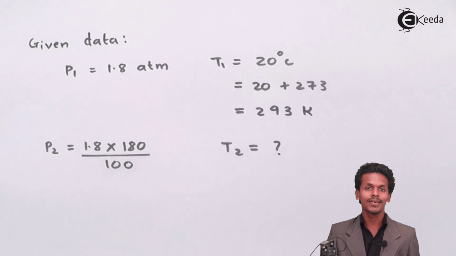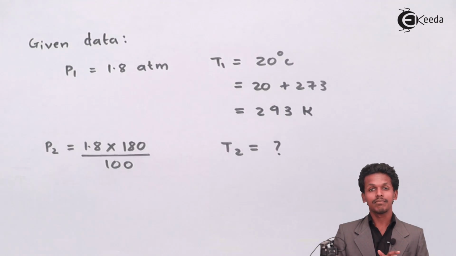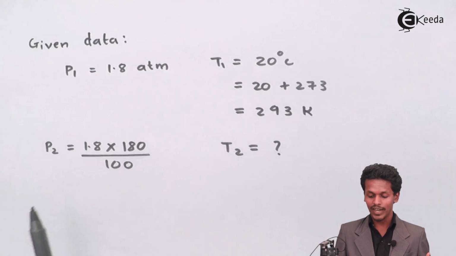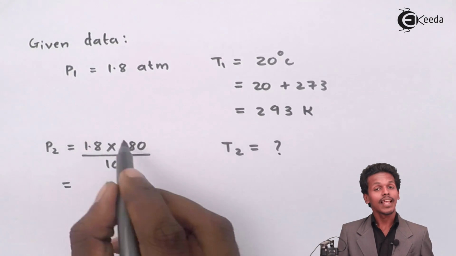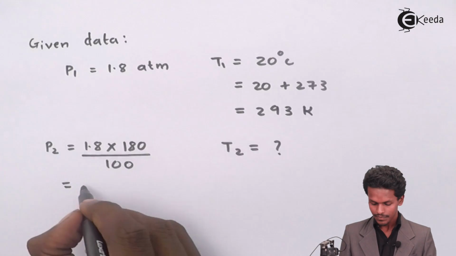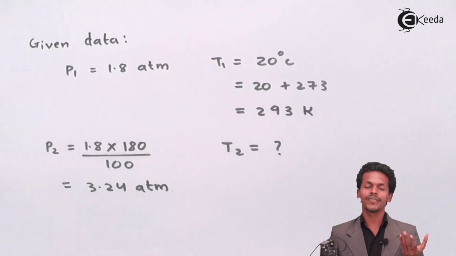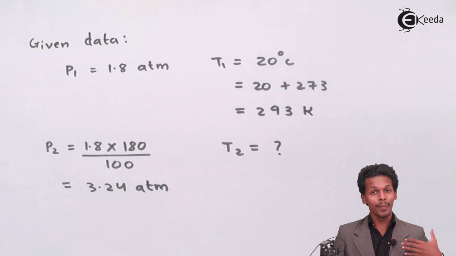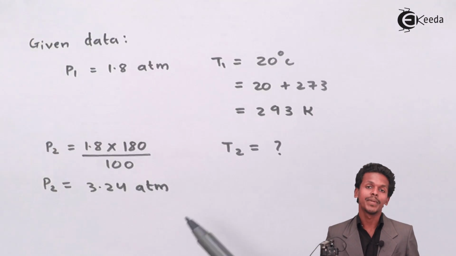This is the method to find a value when a particular value is given and we have to apply the percentage increase. The answer is 3.24 atmosphere. So 1.8 atmosphere is the first pressure, and with an 80% increase, P2 is 3.24 atmosphere. Now we have to calculate the temperature T2.